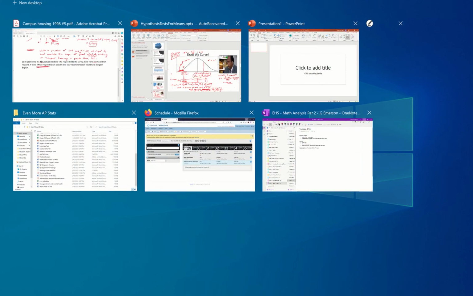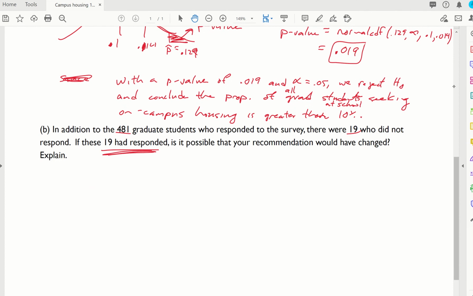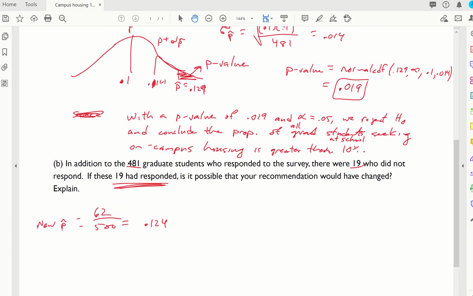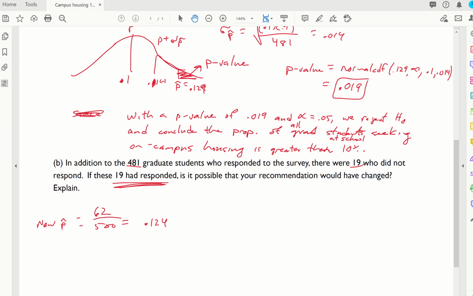Now we have 500 total students. So 62 out of 500 is the new p-hat, which gives me a p-hat of 12.4%. I'm going to look at the same curve and figure out the p-value with that.